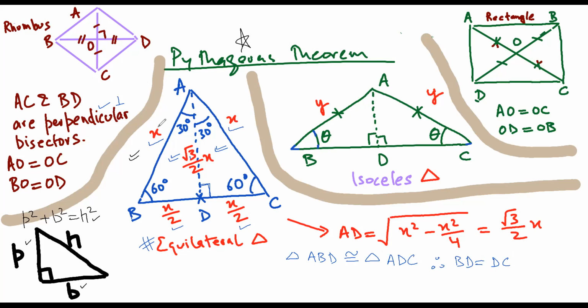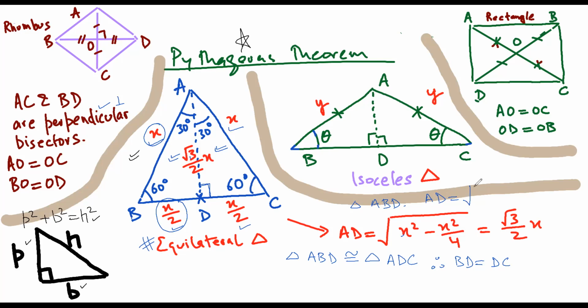Okay, now this is x by 2. By using Pythagoras in this triangle, let us say triangle ABD, I will have the value of AD. The value of AD would be the square root of AB square minus BD square. Any doubt? No, sir.